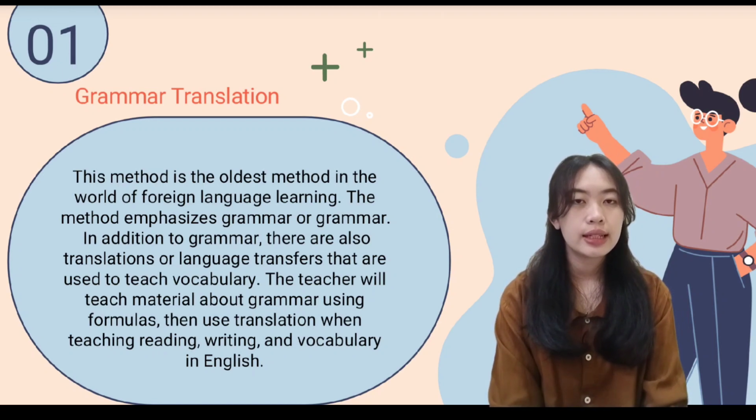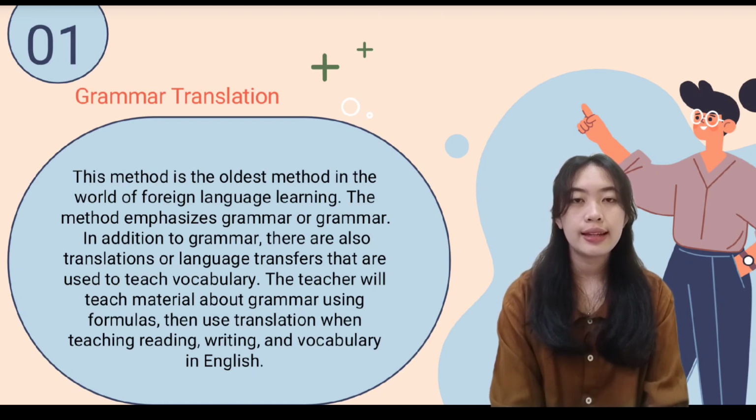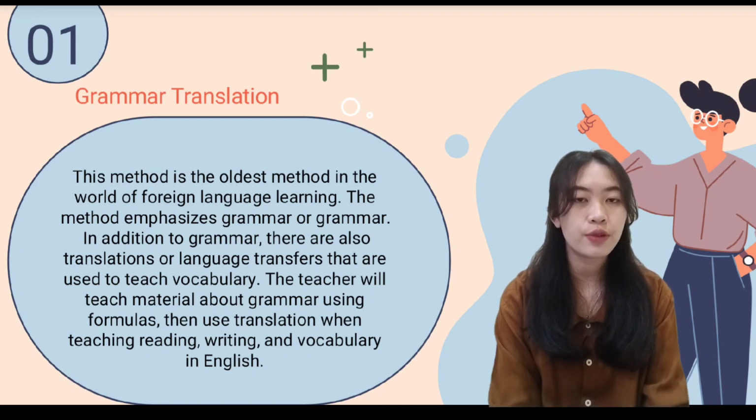This method is the oldest method in the world of foreign language learning. The method emphasizes grammar. In addition to grammar, there are also translation or language transfers that are used to teach vocabulary.